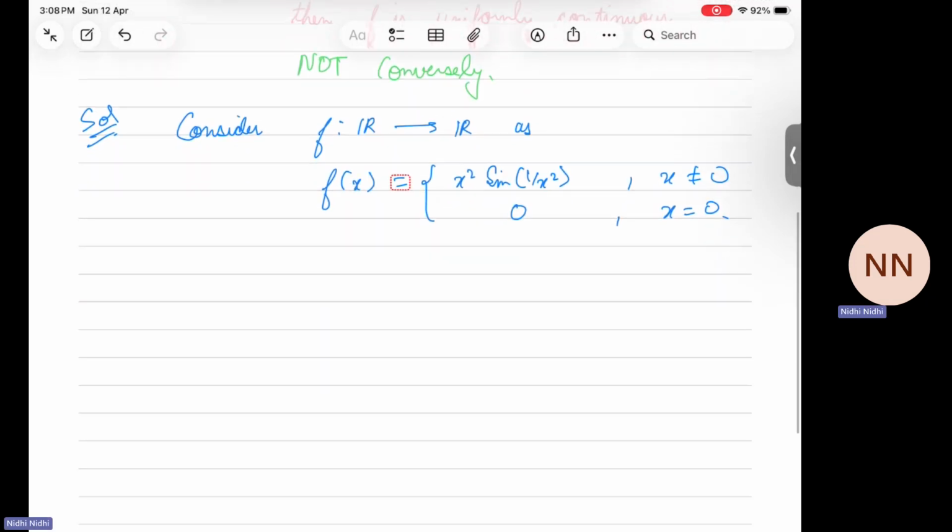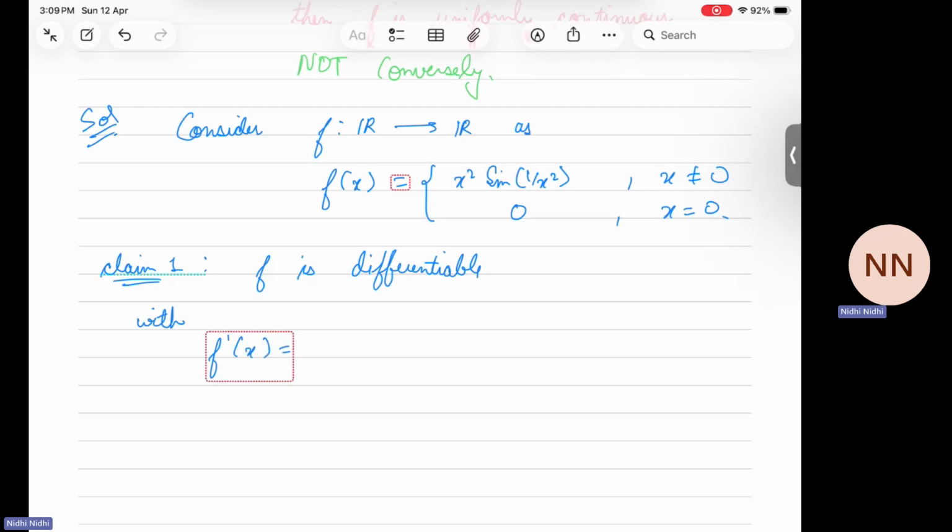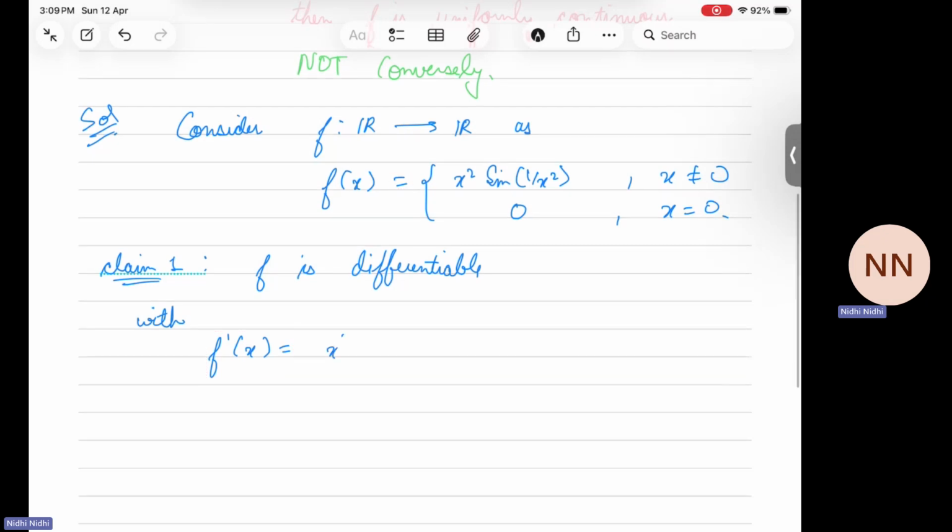I'll firstly claim that, clearly, you can check it yourself, f is differentiable. What will be the derivative? For x non-zero, we can directly use the product rule: x square cos 1 by x square times minus 2 by x cube, plus sine 1 by x square times 2x.